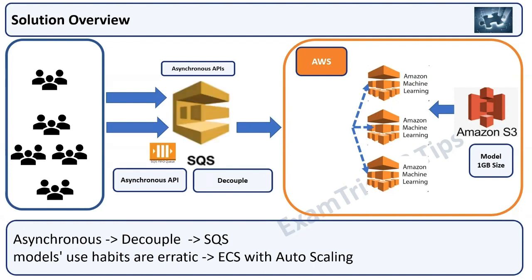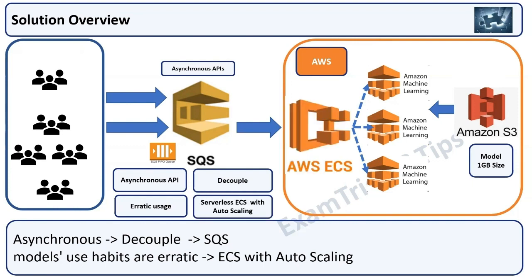So first we take SQS where all the users will give their request and SQS will manage the request distribution to the overall solution. And in terms of compute, in this case, we will use a serverless option, which is AWS ECS, which will take requests from SQS and then run all of these models, which are stored in S3.